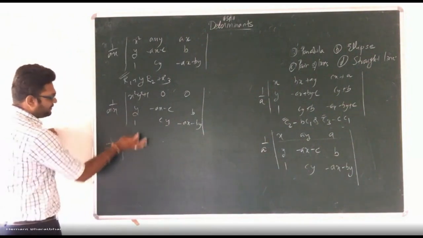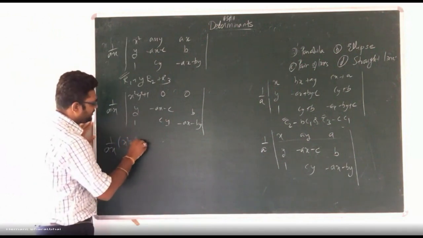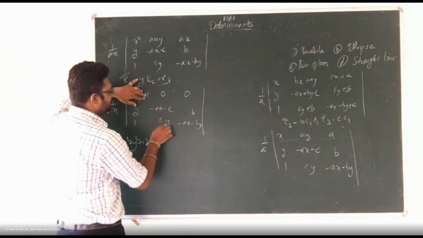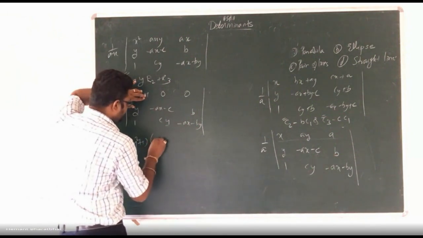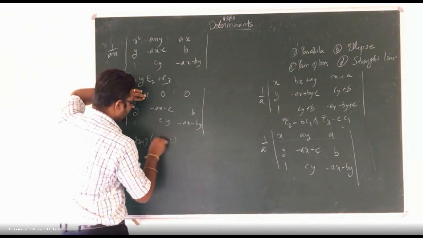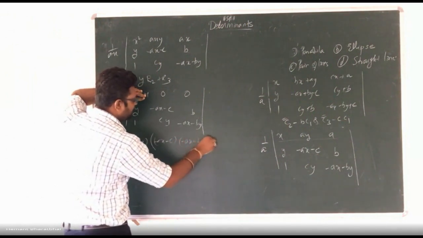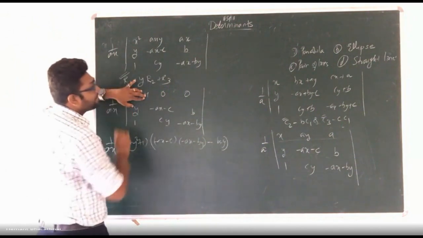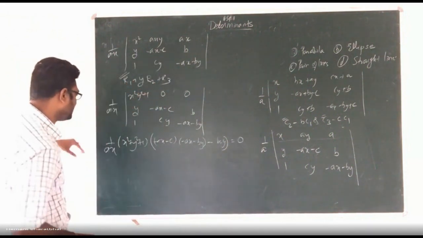I don't think we can further simplify it. x square plus y square plus 1 into this, minus sign, minus ax minus c into minus ax minus by minus bcy, equals 0. This is the equation he has given.